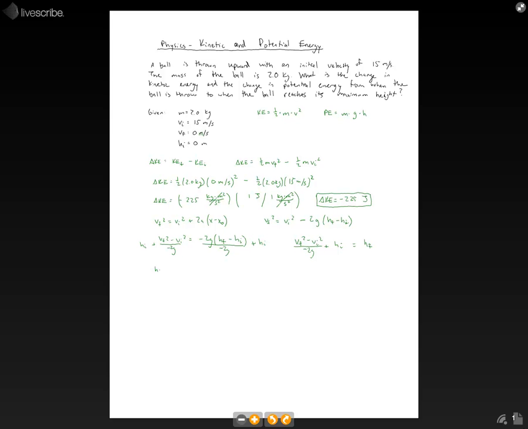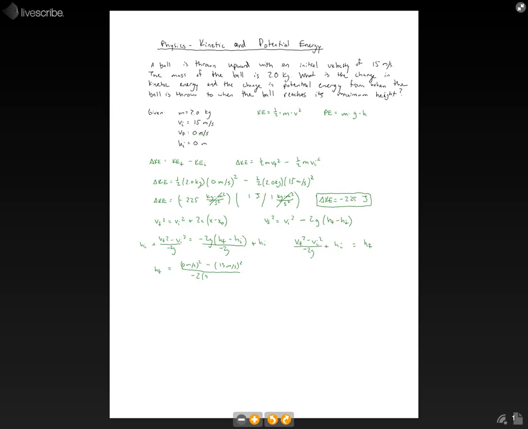So let's plug in and solve for that. We have our final velocity squared. Our final velocity should be 0 meters per second, that's squared, minus 15 meters per second squared.